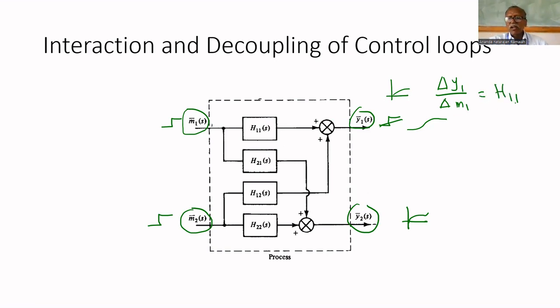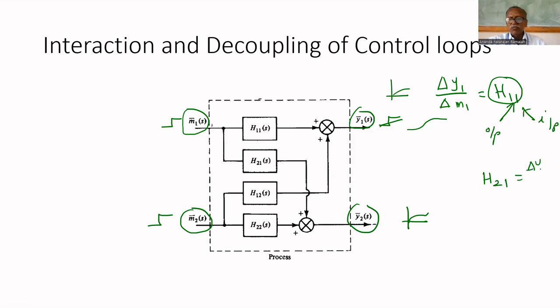In H11, the first one is the output, Y1, and the second one is the input. H11 is the transfer function for change in Y1 for change in M1.